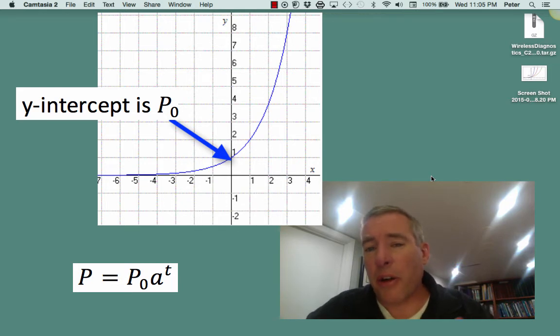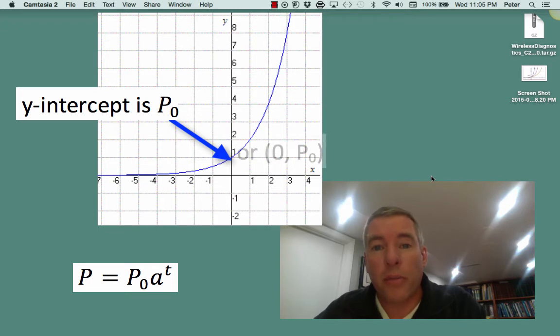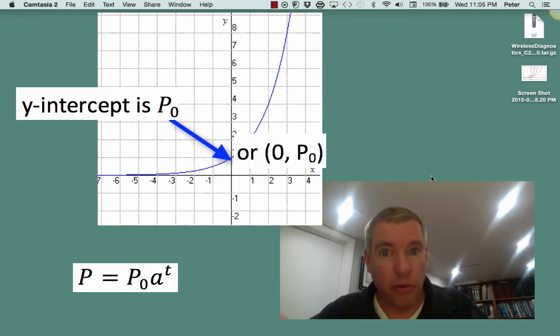So the function hugs along the x-axis, then crosses at (0, 1), unless p naught is a different number, which will change that y-intercept, and then it grows.